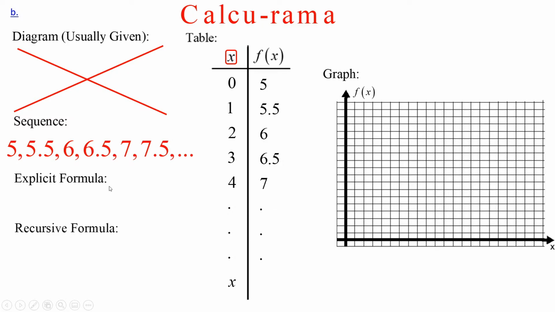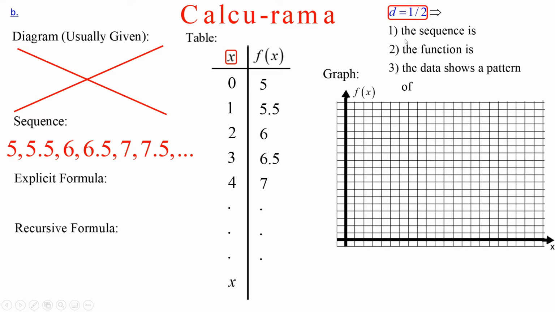So let's talk about our pattern of change. Didn't we see a common difference of 0.5? Common difference 1/2 or 0.5 if you'd like it. Now, I am hoping we're to the point where we know what that means. So, what we're going to do then is take a look. Common difference of 1/2.